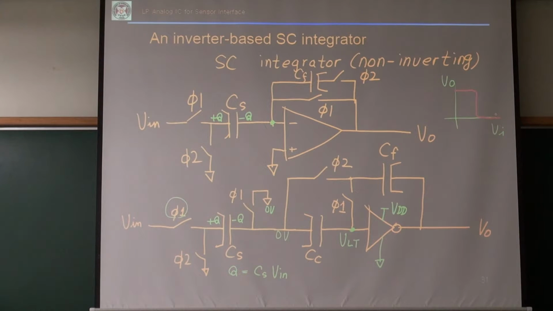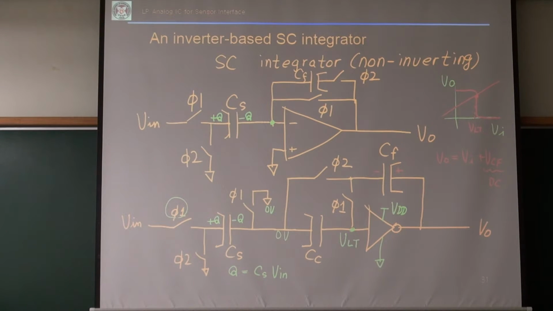During phi 1, what is the relation imposed by this CF? During phi 1, the CF voltage never changes because the input current is 0. So my VO is just VI plus this DC voltage through the CF capacitor. If I put this here, this is nothing but this curve, so my input is located at the logic threshold by negative feedback.